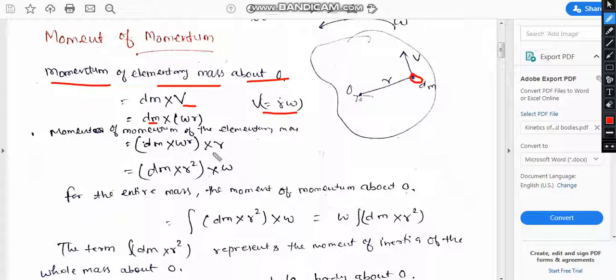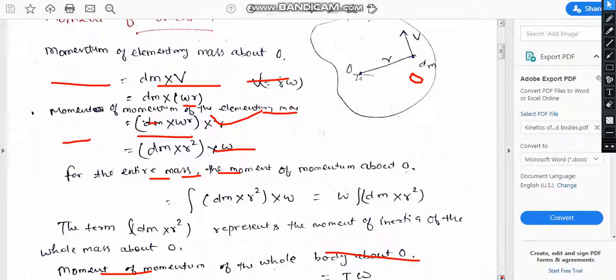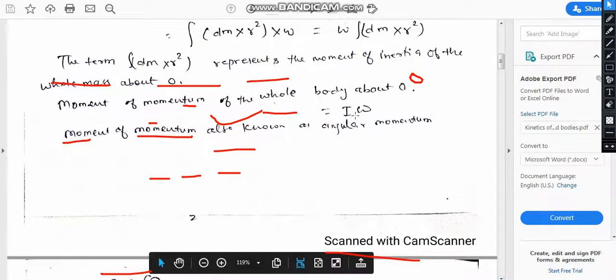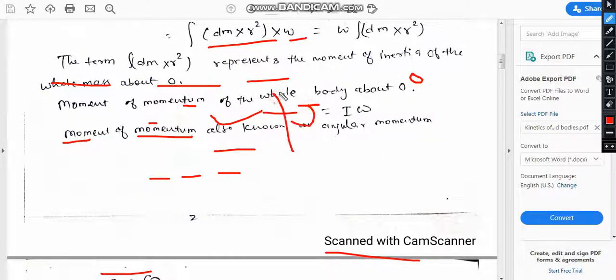Taking the moment of this momentum means multiplying by the perpendicular distance, and this turns out to be dm r square omega. Here dm r square is the moment of inertia of the whole mass about point O, and the moment of momentum is nothing but angular momentum. So J is equal to I omega.